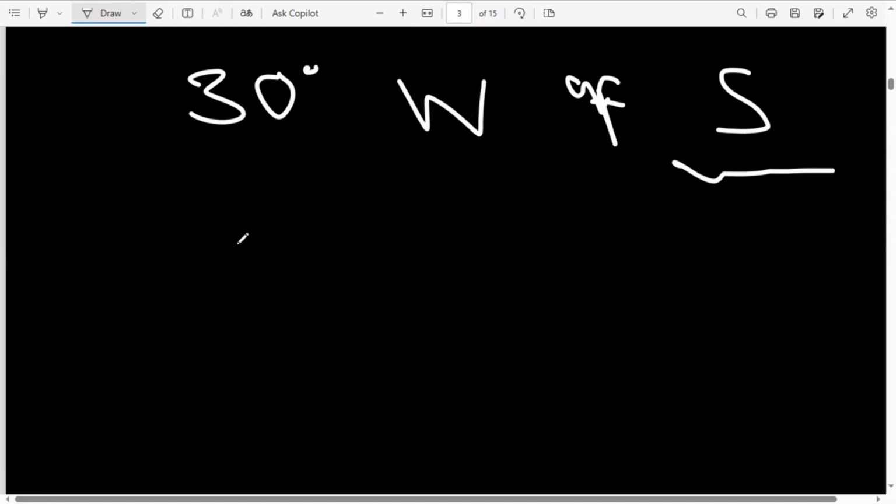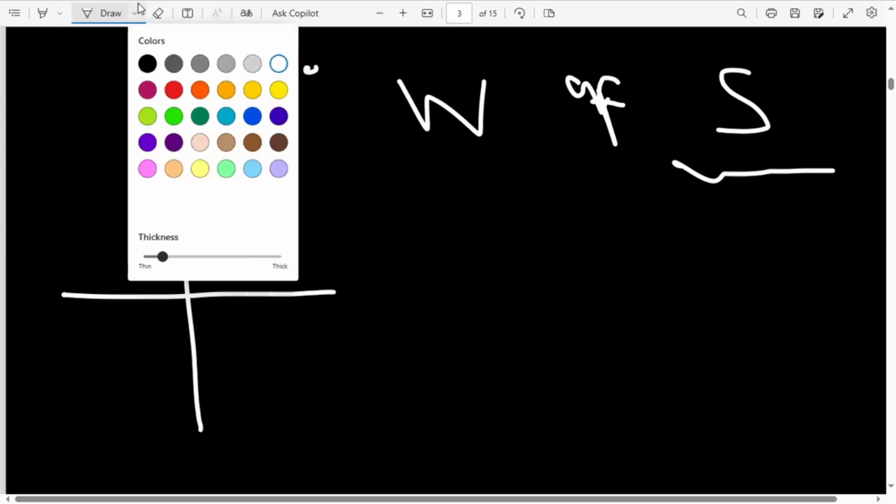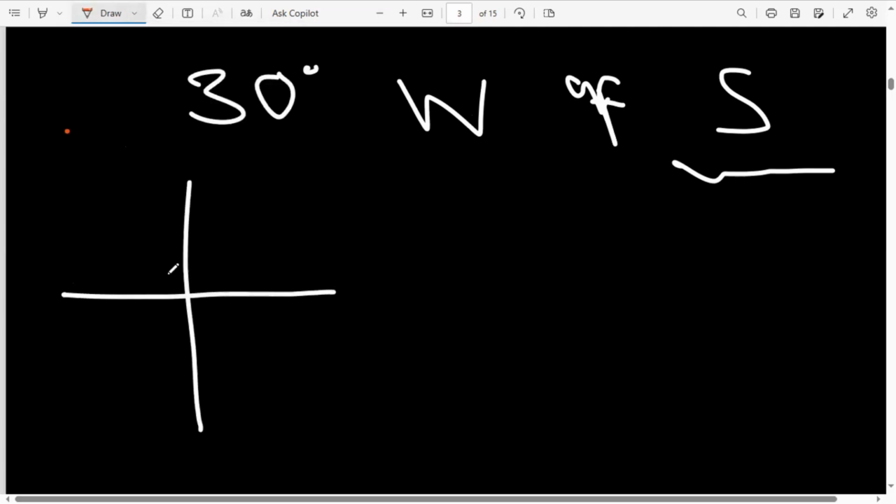So if I have my XY plane like this, I'll go first of all to the south, starting from here. And then I'll move 30 degrees where? To the west. So I know my west is here. So I'll move like that, 30 degrees.